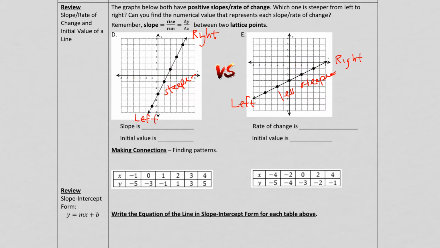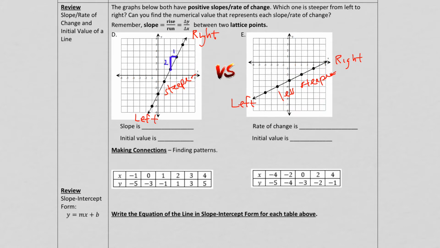So with that, let's go ahead and find the numerical value for the slope of example D. If I use rise over run from left to right, I'll just start at this point. If I rise, and then run across to reach the next point on the line, I make a little slope triangle. Here I rose 2, and I ran 1.